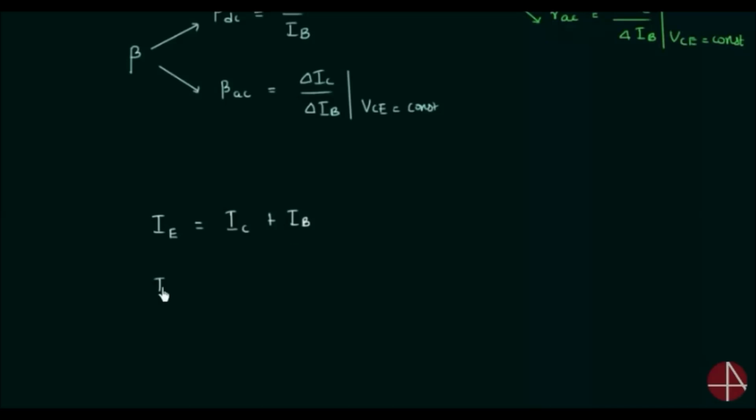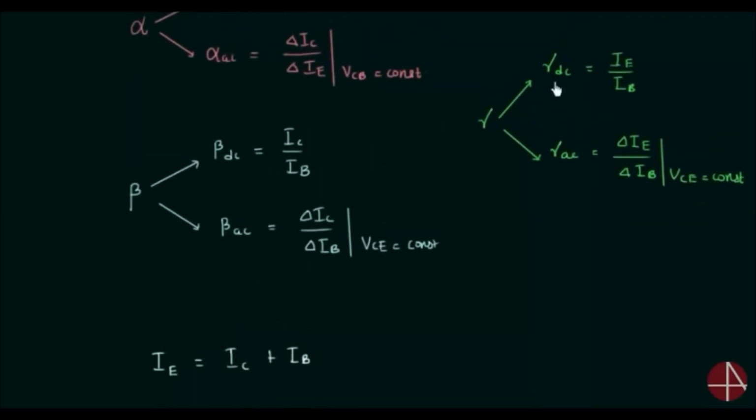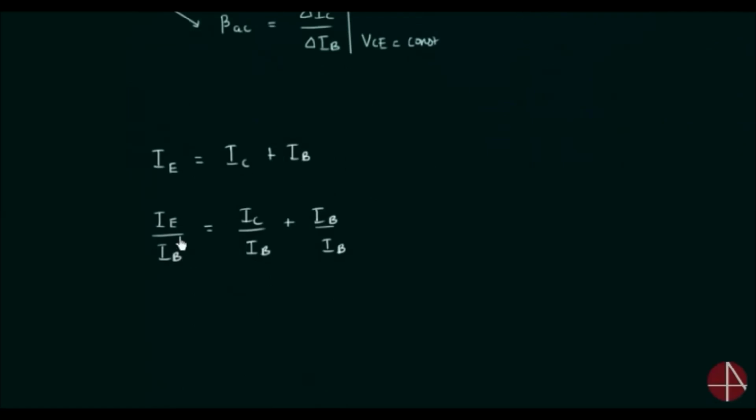So we have IE divided by IB equal to IC divided by IB plus IB divided by IB. IE divided by IB is equal to gamma DC, or we can simply consider gamma.